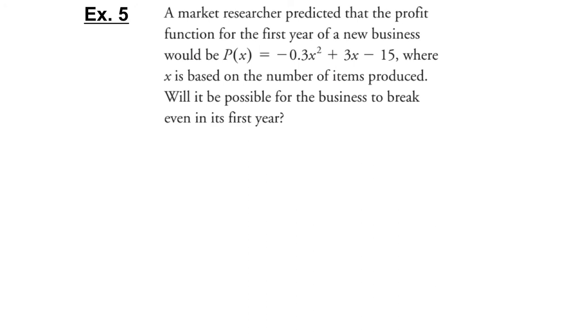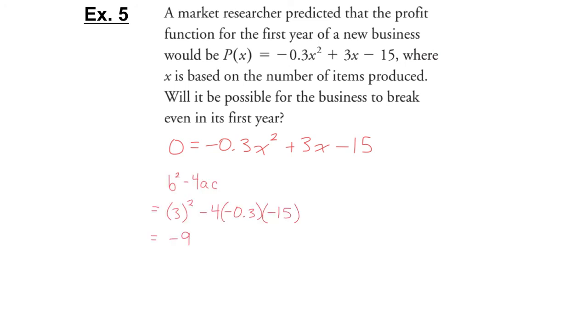So to answer this question, the profit is equal to 0. So really, I'm going to have an equation equal to 0. And it asks, will it be possible for the business to break even? So will there be a solution to this equation? So to answer this, I don't actually have to solve for x. I just need to figure out what the discriminant is. Is the discriminant positive, negative, or 0?